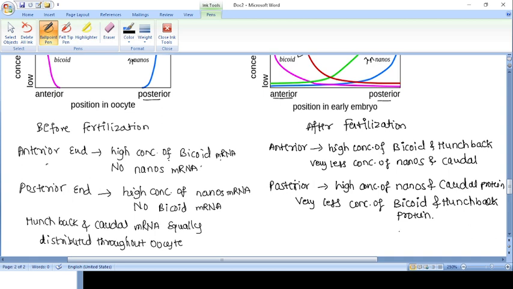Is this clear? This is about the concentration gradients in the oocyte, before fertilization and after fertilization.